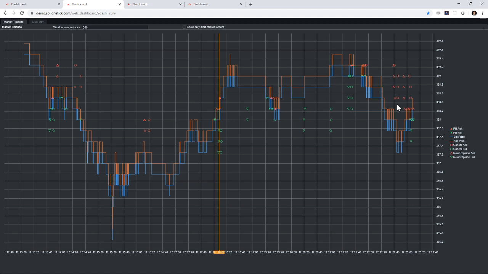A meta alert would be raised if a given alert occurs more than a specified number of times within a specified time range. For example, you could say that I would like a meta alert for layering and spoofing if there are more than 3 occurrences of layering and spoofing within 10 minutes.